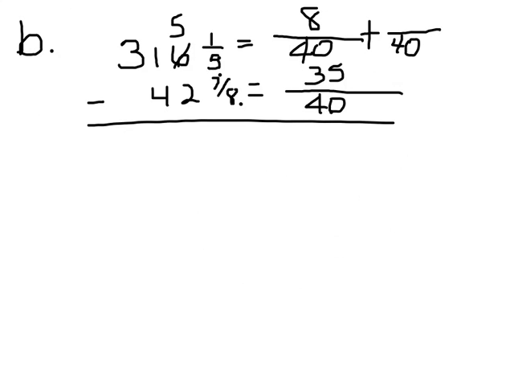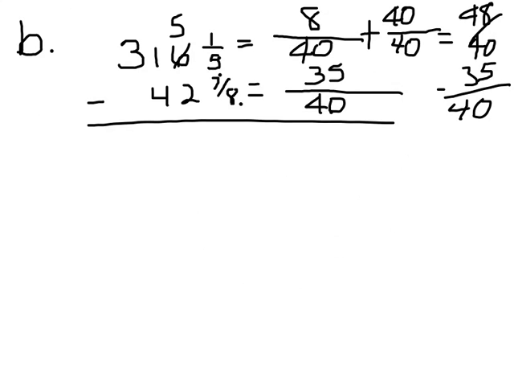Has to have the bottom number of 40 so I can add it. So the top number also needs to be 40. And now I have 48 over 40 minus 35 over 40. And 48 minus 35 is 13/40.